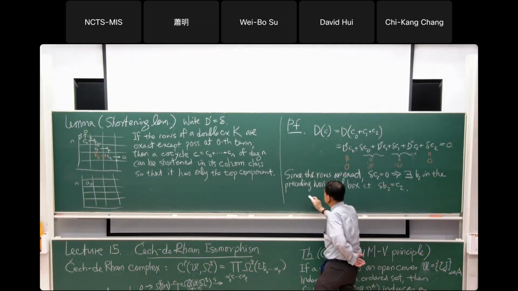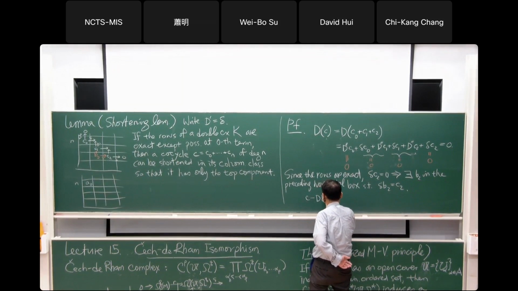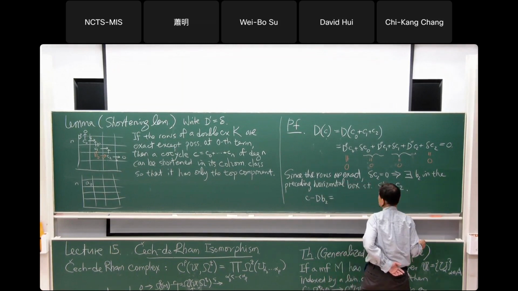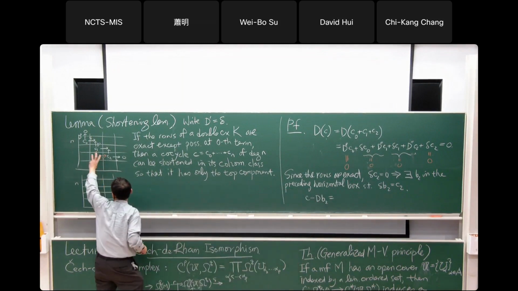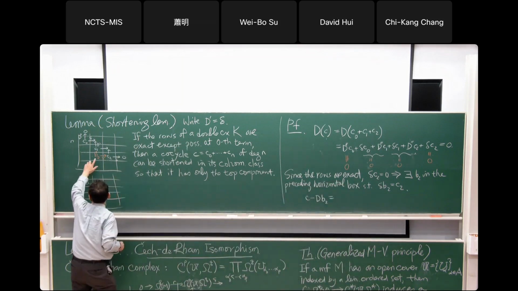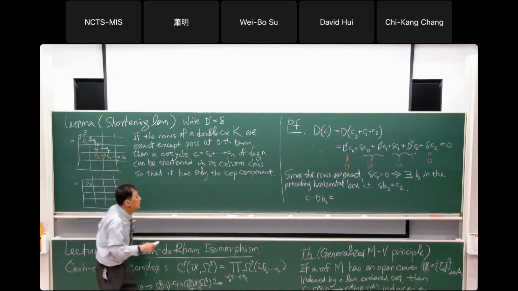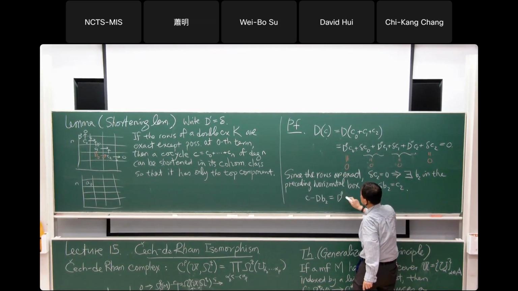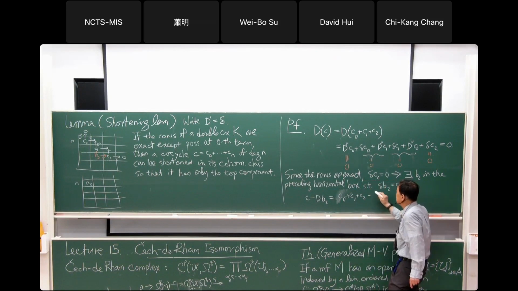Okay, and now you look at C minus DB2. So it would be C0 plus C1 plus C2 minus DB2, which is D double prime B2 plus delta B2, right?